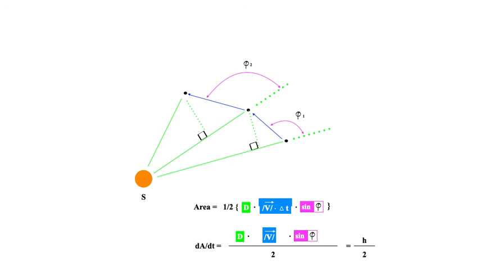So Kepler's second law is equivalent to the law of the conservation of angular momentum. Angular momentum is conserved as long as the only force acting on the moving body is a central force. For example, as in this case, the gravitational force of the sun.